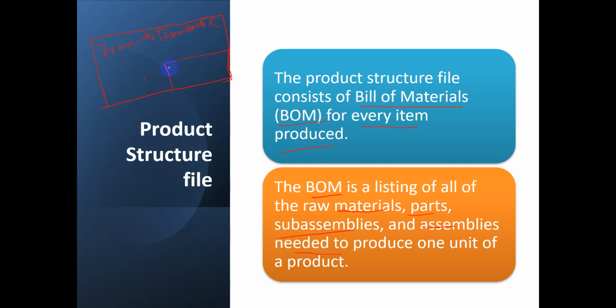And here they mention, like number 1 maybe a bolt with specification and quantity, maybe 10. Second, maybe a wood, some specification and quantity 5 with the dimension. So this complete detail of whatever things they used in a particular assembly, everything will be mentioned in this bill of material. Okay.